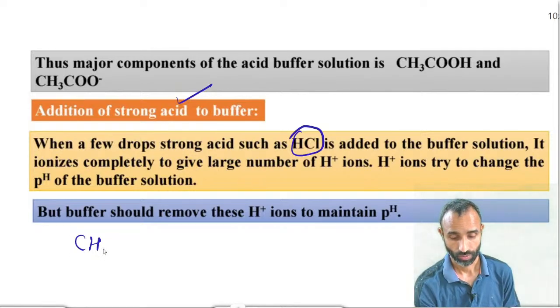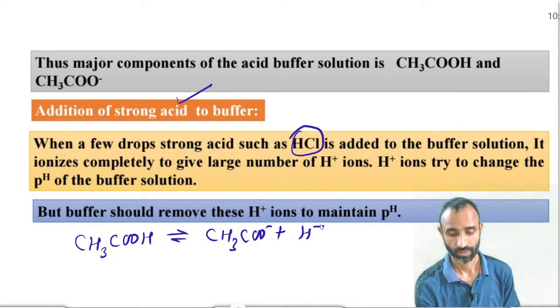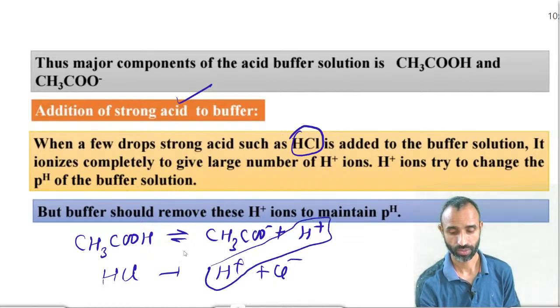Now the solution has acetic acid. So when HCl is added, due to common ion effect, this equilibrium shifts backward.